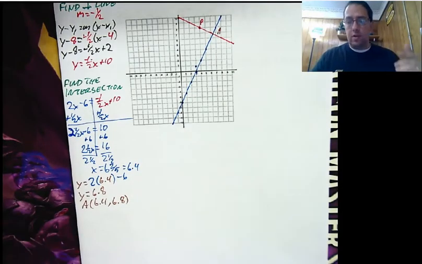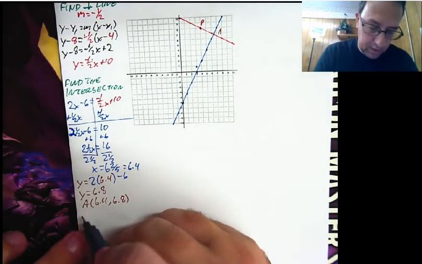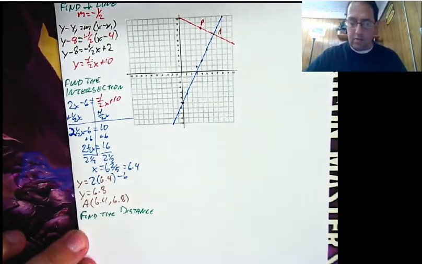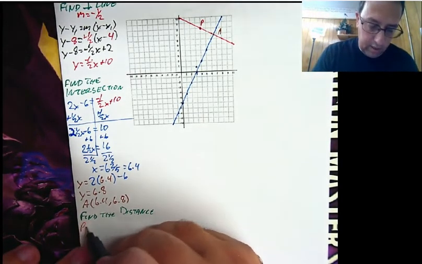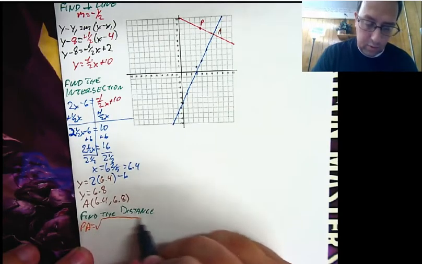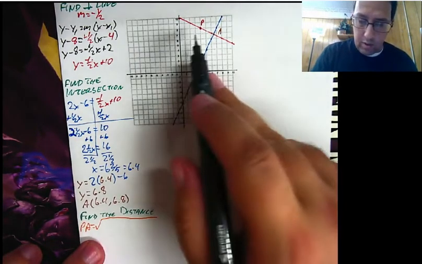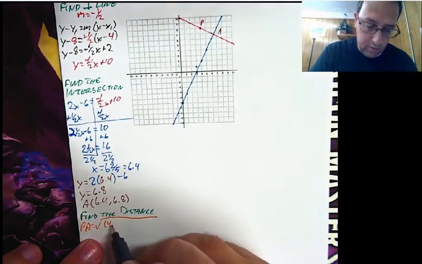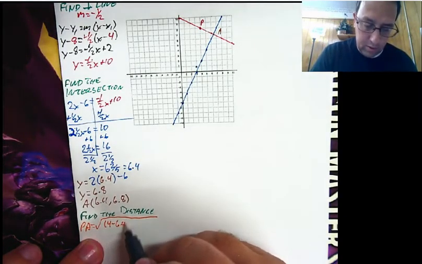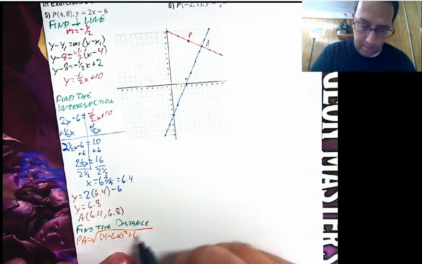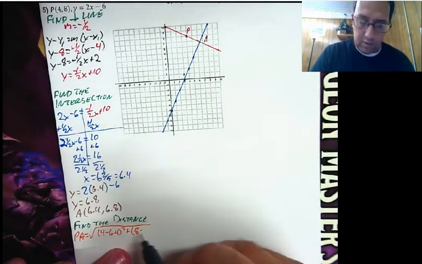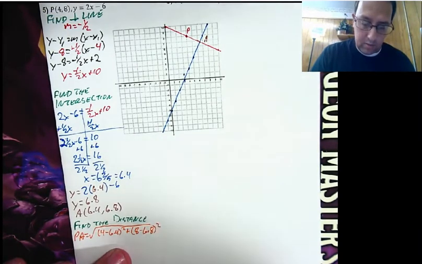But again, we didn't just want the point, we need to know the distance. So now we need to find the distance. All right, and for that, of course, we are going to use the distance formula. So the length of PA equals the square root of x1, well, that would be P, minus x2 squared plus y1, again from point P, 8, minus y2, which is the one we just found, squared.